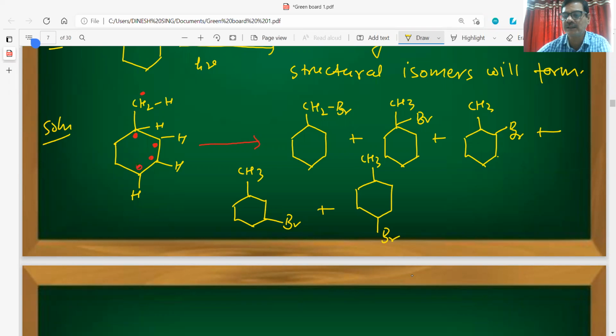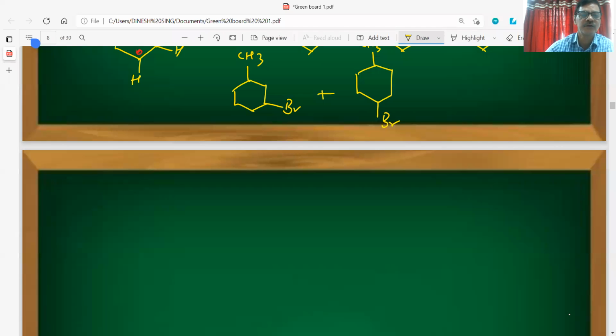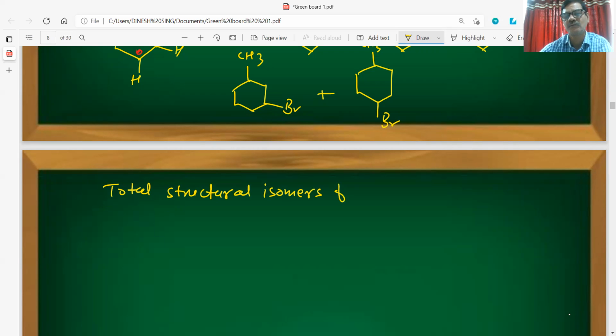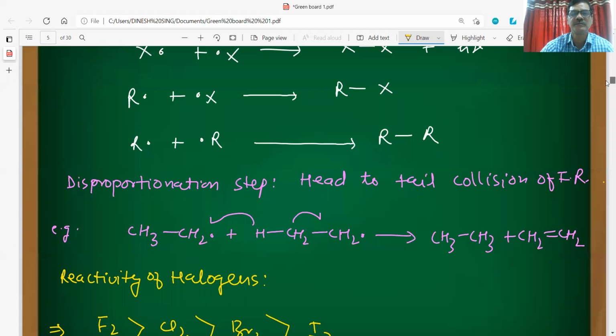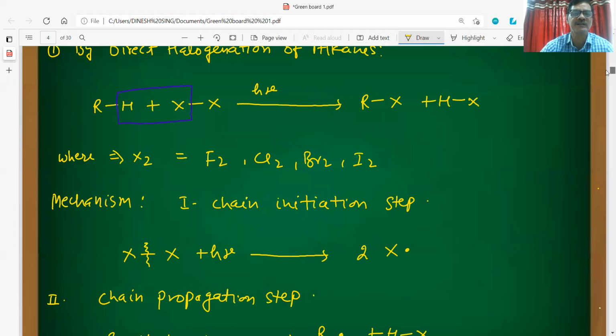So here we can see the total structural isomers formed will be equal to 5. I think it is clear to everybody regarding this reaction, that is, the monohalogenation of alkanes to obtain haloalkanes. This is a very, very important reaction.